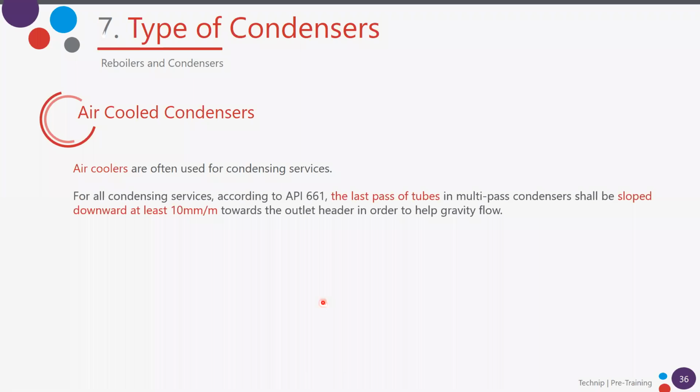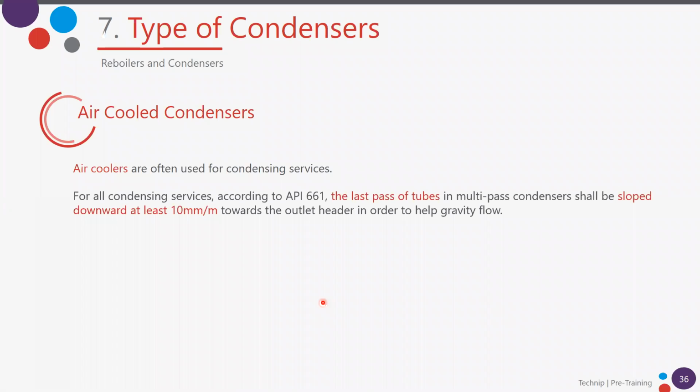So air coolers are often used for condensing services. We already talked about air coolers in the heat exchangers presentation in the online sessions we did. I think it was the second online session, because in the first one we talked about shell and tube exchangers, and in the second one we talked about air coolers. So we already know the different types of coolers we can find in the industry: forced, induced, natural draft, and the main parts of an air cooler.